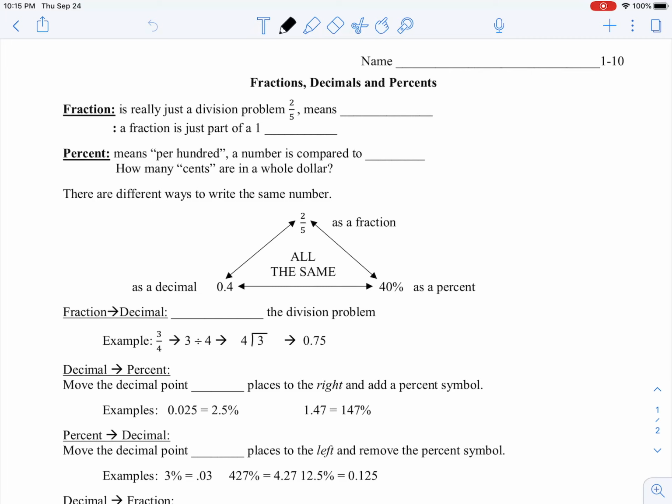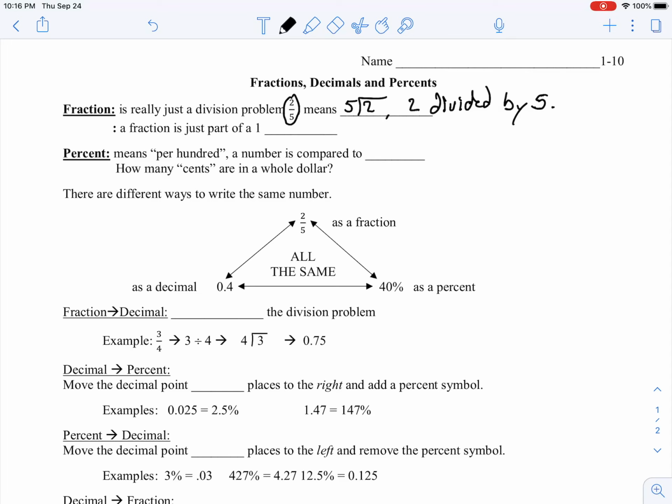When we're talking about fractions, fractions are really just a little division problem. So this 2/5 here means we're just taking 2 and dividing it into 5 parts, or we could say that in words by saying 2 divided by 5, or taking 2 and dividing it into 5 even pieces.